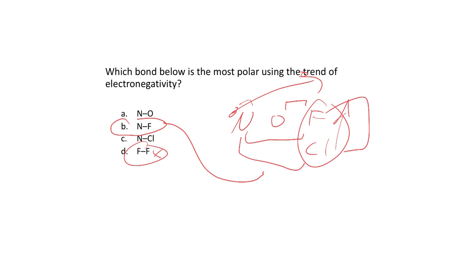You wouldn't know that without a chart, but you can know for sure that NF has a greater difference than OF. And the NCl difference isn't going to be as big because they're both less electronegative than fluorine, so their difference is going to be pretty small. It turns out to be 0 if you look at a chart, but you know that this can't be more electronegative than the NF bond.